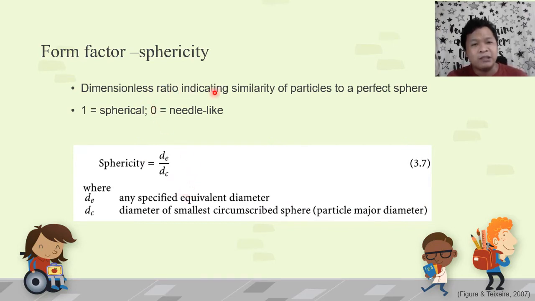If that ratio is close to 0, then we have a needle-like shape, and closer to 1, then it's closer to a sphere.